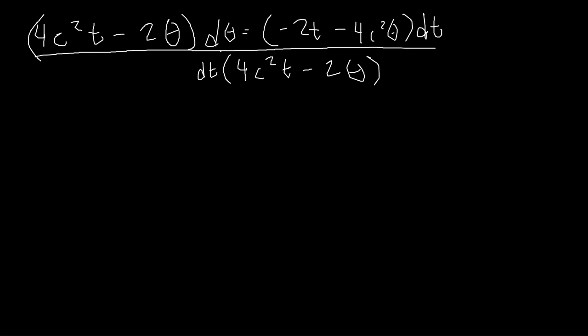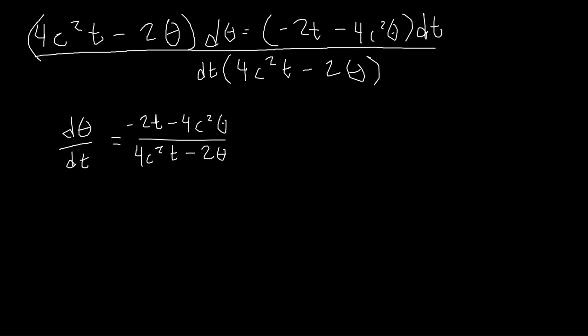This will turn into d theta over dt, and then instead of having the 4c squared t minus 2 theta on the left side, we have it as the denominator of the right side. So this becomes 4c squared t minus 2 theta, then here on top, negative 2t minus 4c squared theta.